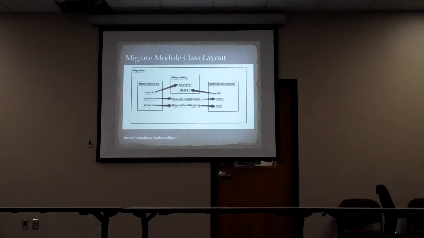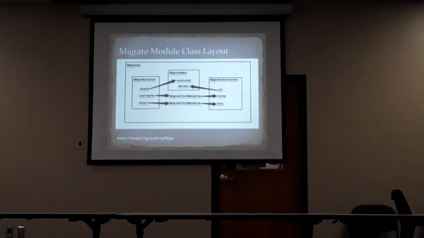Everything in the Migrate module is object-oriented. It has some standard hooks that you can get into, and it uses the Migrate API files to do the guts of its work. But most everything is class-based. So you've got this overarching migration class, which handles the take one thing, put it into another thing.